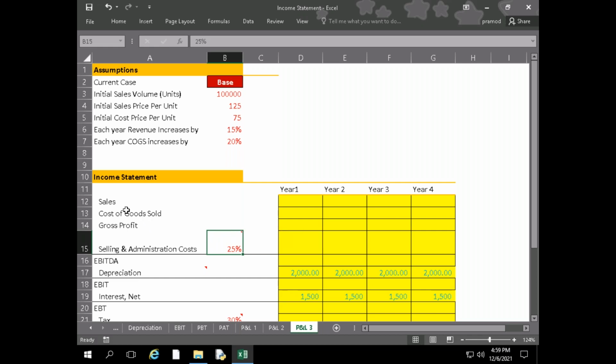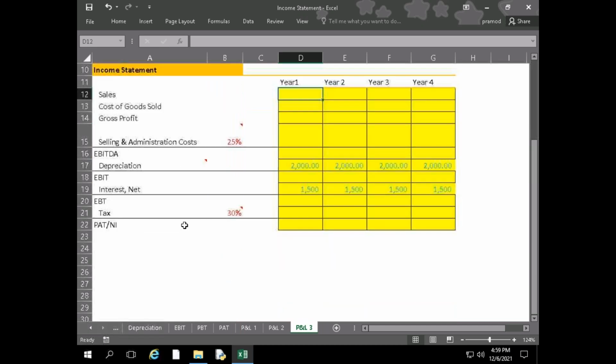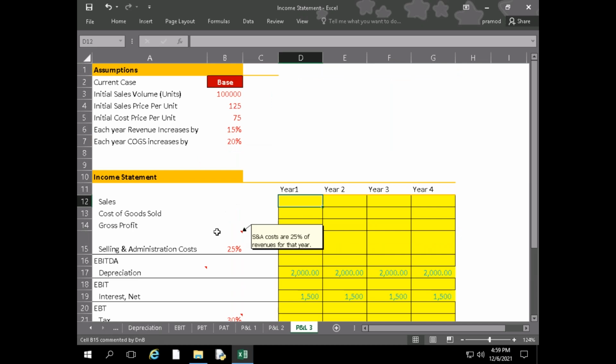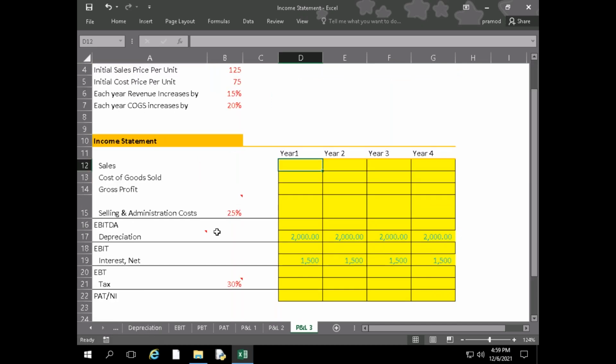Revenue of the year, in the sense it's the gross profit. Sales is also our revenue only. Here we need to find the net profit. Should we take it on revenue, sir? Yeah, take it on the revenue.